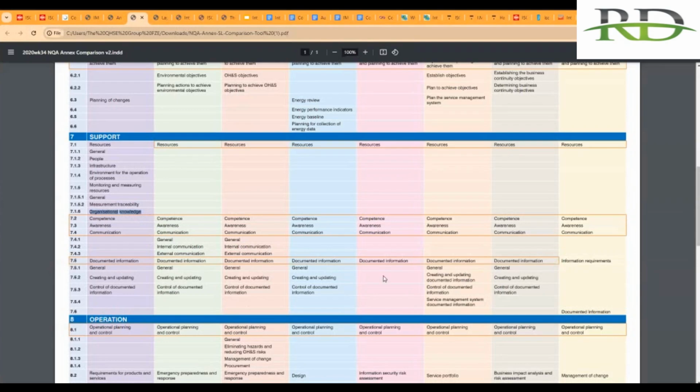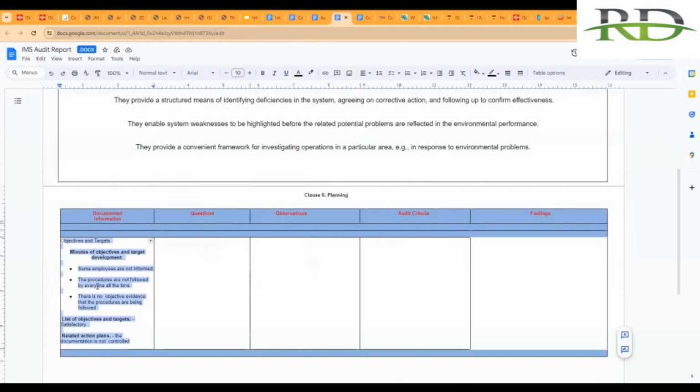Organizational knowledge is information that comes from the reviews, knowledge gained from a process by an organization, and it looks like this. So it's very important for you to include it in your audit reports.